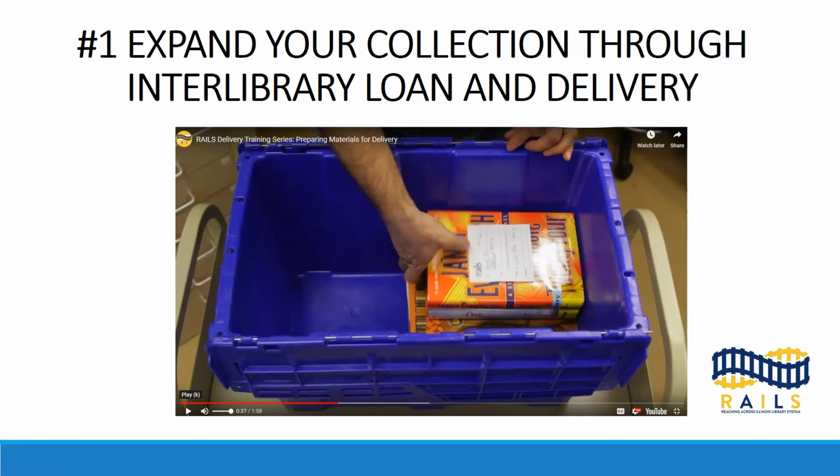A lot of you are only doing interlibrary loan through RSA. Your requests are handled through RSA software, and then we pick them up in the Rails trucks. Some of you might be doing OCLC, but I also want you to know that there are other ways to do interlibrary loan as well.